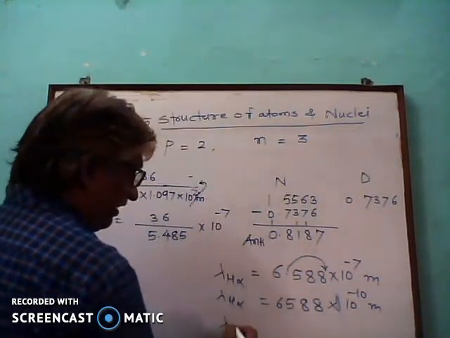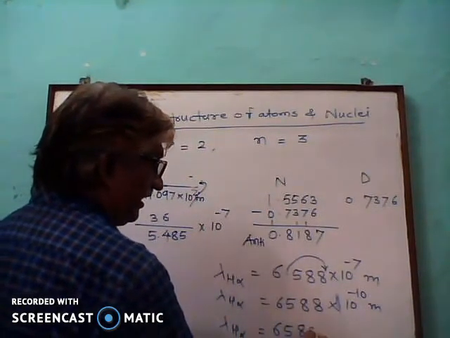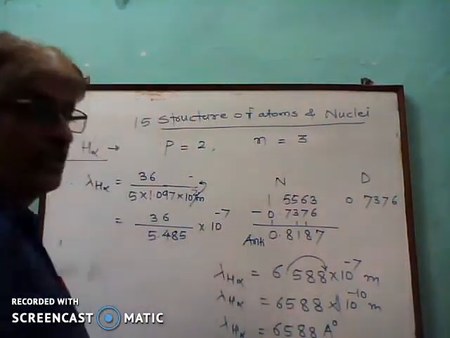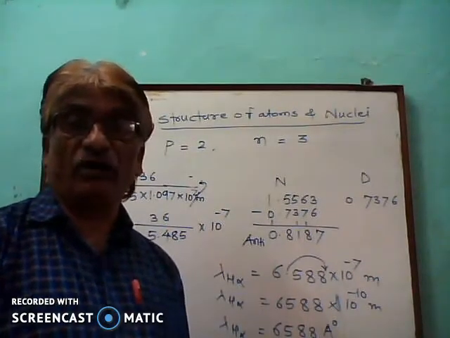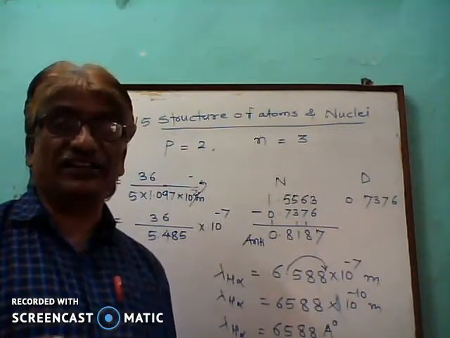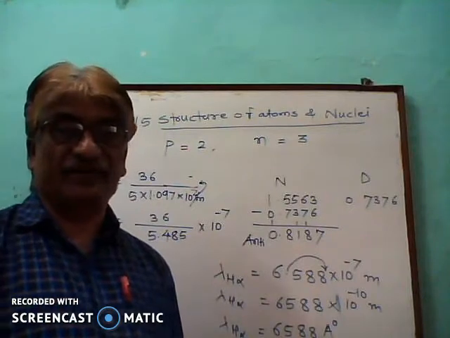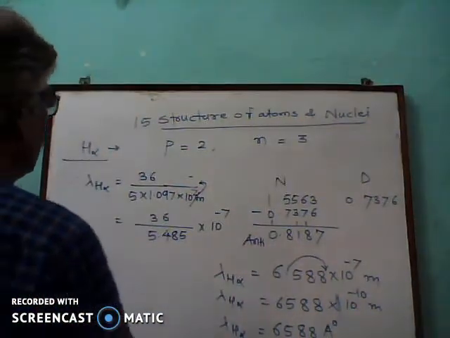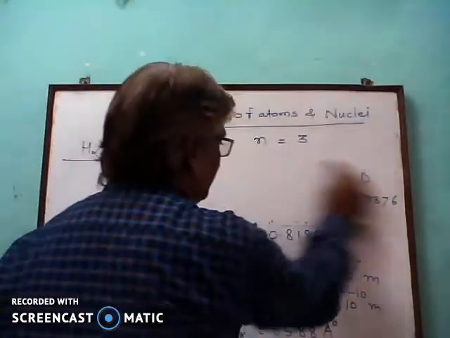So the wavelength of the H alpha line is 6588 angstrom unit, and that wavelength is said to be the wavelength of the first line, or longest wavelength, in the Balmer series. Okay, now let us find the second line, that is the H beta line.